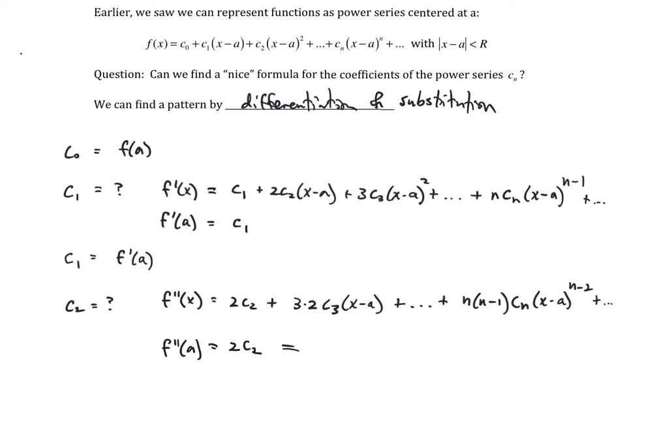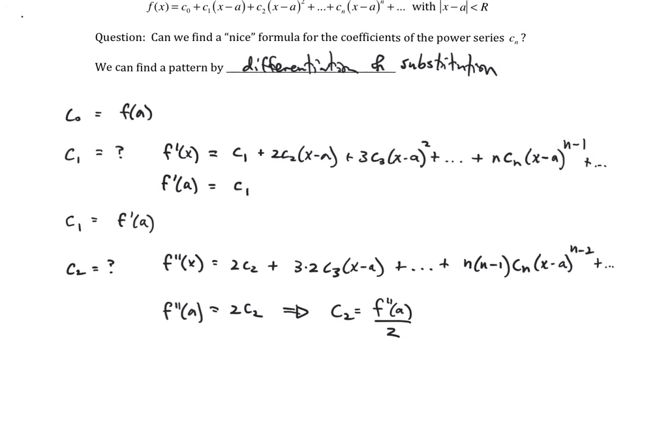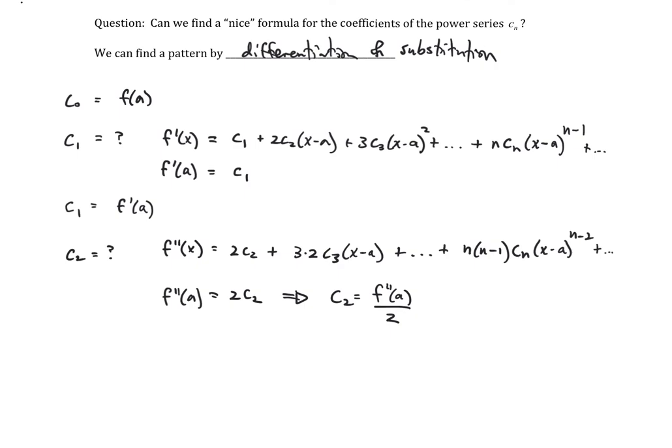And if I solve for C2, C2 is equal to f double prime of a divided by 2. I think calculating one more coefficient will make the pattern clear.